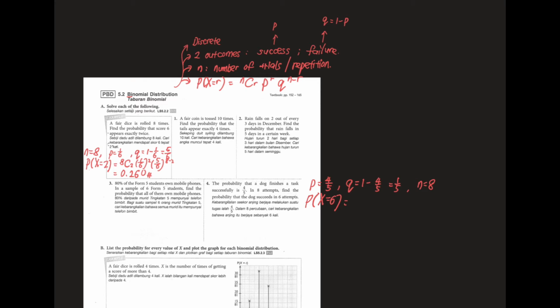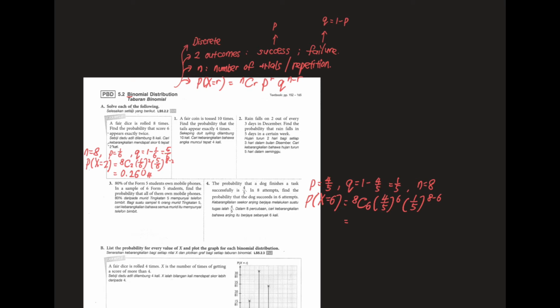Then we use the formula nCr p to the power of r, q to the power of n minus r. That means 8 minus 6. Then we just check with the calculator.